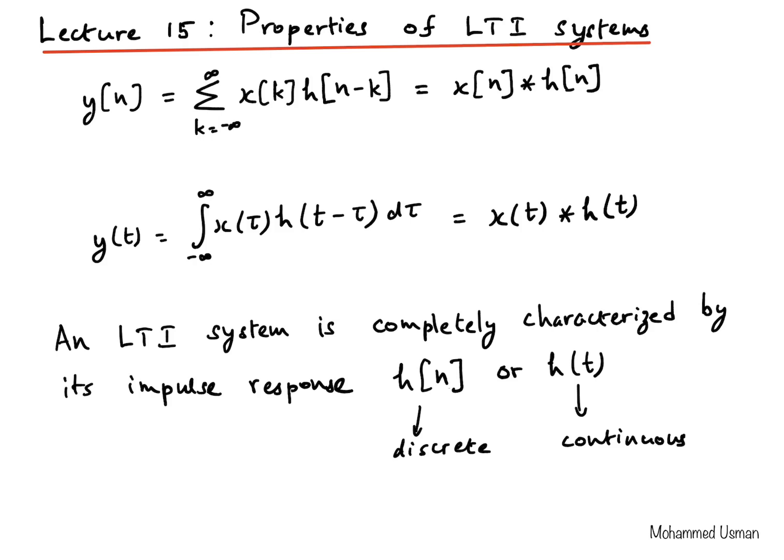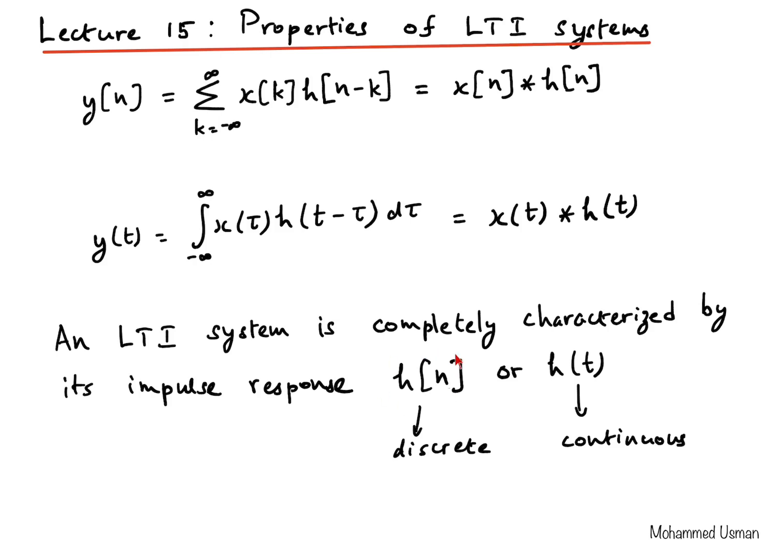And consequently, what this also means is that if the system is a linear time invariant system, then the impulse response that we have for a particular system will be applicable only for that particular system. There will be no other system which has the same impulse response.